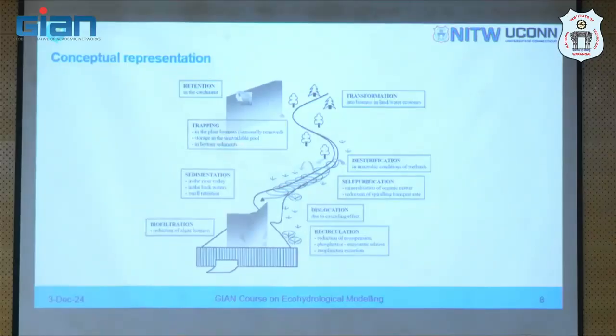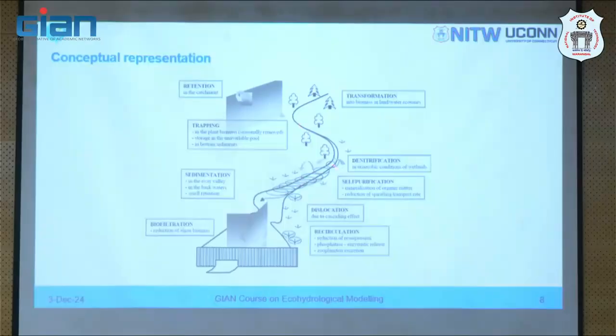There is a lot of storage in an unavailable pool, that is not available to be eroded and transported as runoff. And much of that also gets trapped in the benthic sediment or bottom sediment. And so this is the most active and most interesting zone from an ecohydrology point of view.